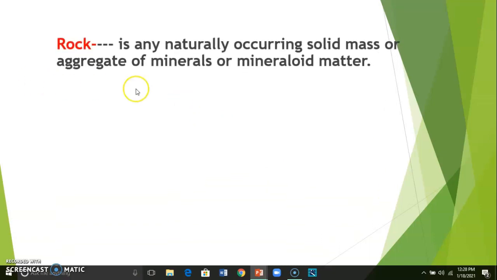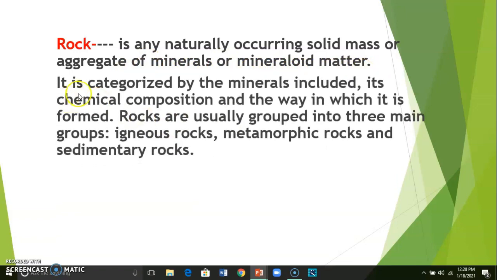What is rock? We will read it together. Rock is any naturally occurring solid mass or aggregate of minerals or mineraloid matter. It is categorized by the minerals included, its chemical composition, and the way in which it is formed.